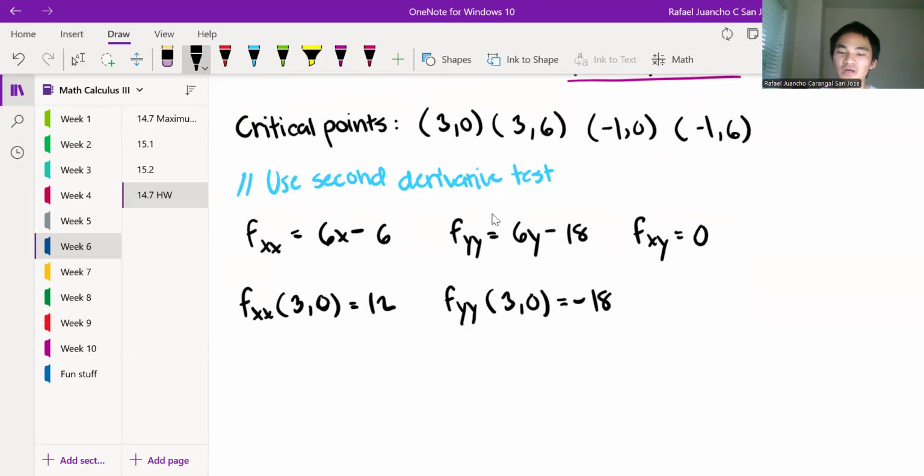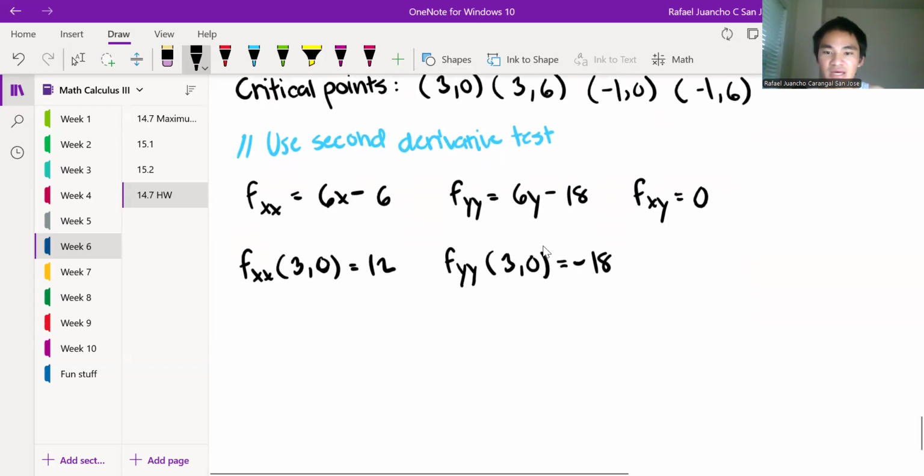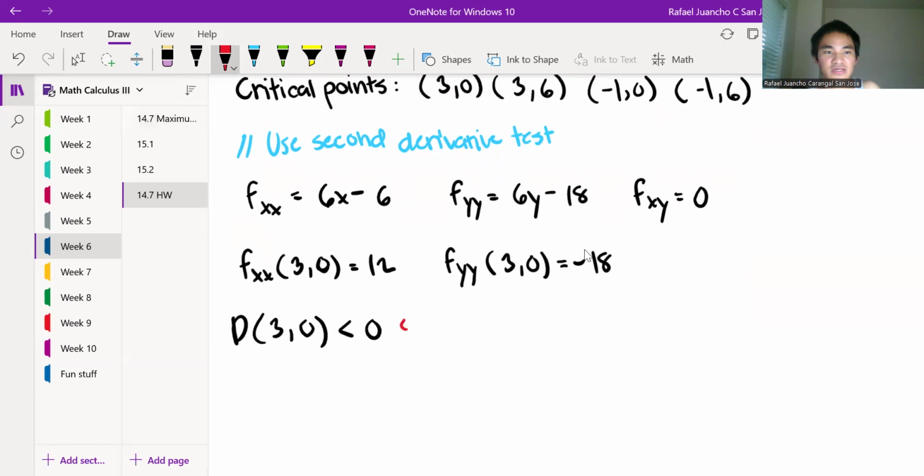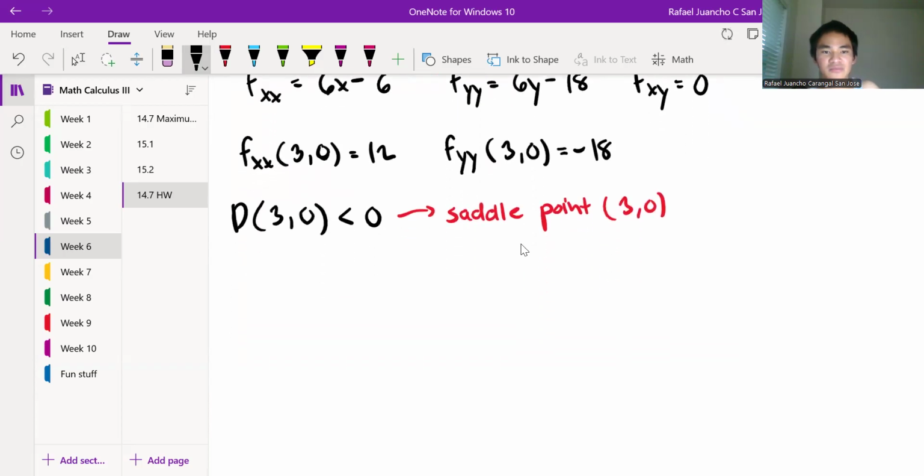Oh. So in this case, I get a negative value, right? This times this is negative. I don't need to worry about, yeah, so this is immediately a saddle point. That's a saddle point.